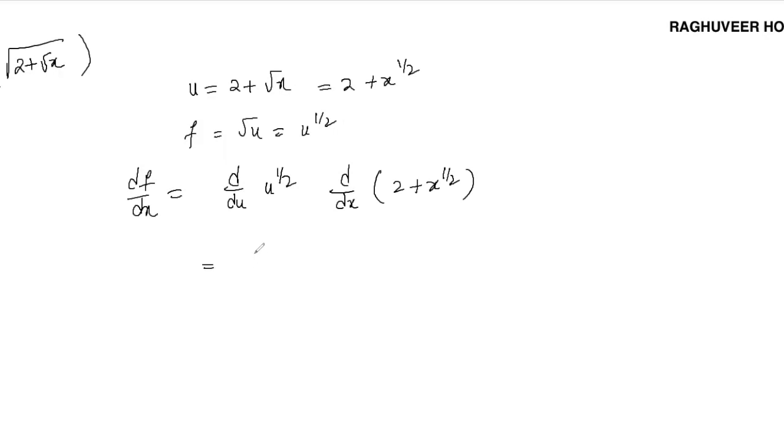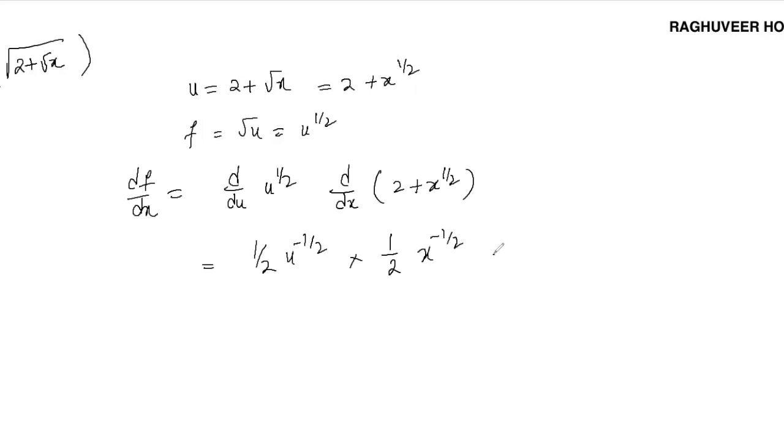If you solve it, this is half u to the power of minus half, multiplied by half into x to the power of minus half.